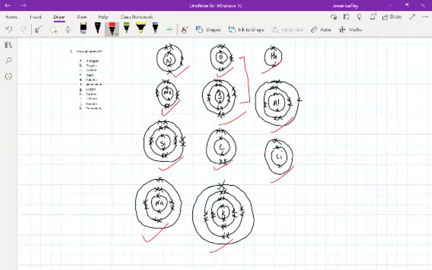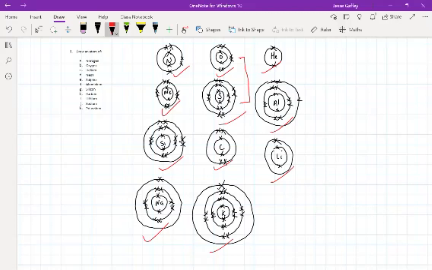We have reasons why we believe there's 2 in the first energy level, 8 in the second energy level, and so on. While we're not sure about anything to do with the atom because we can't see them, we're using our best collection of evidence to put together a model, and this is what it looks like. The more you learn about chemistry, the more this model will advance, but this is the most basic one.